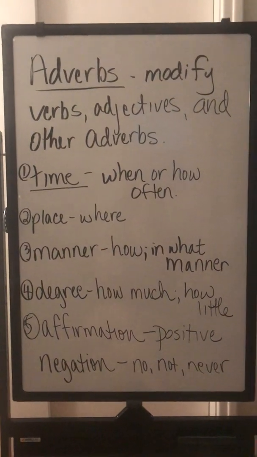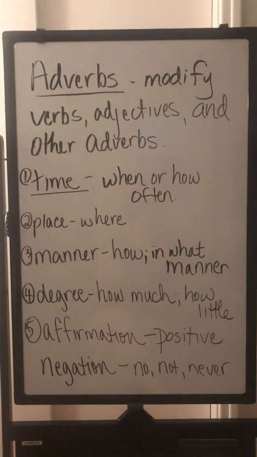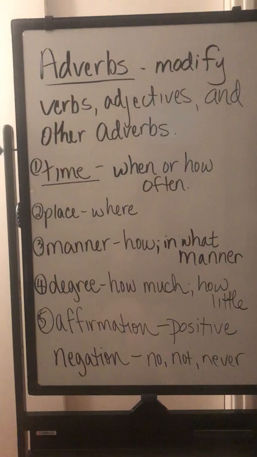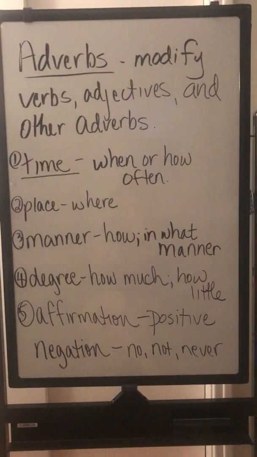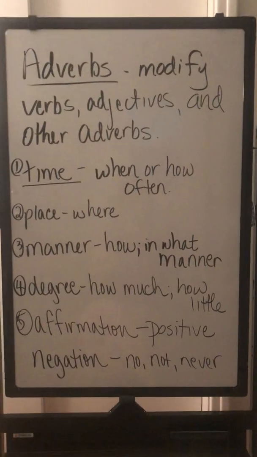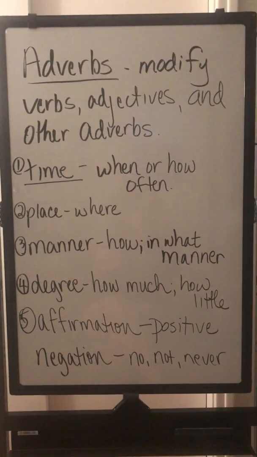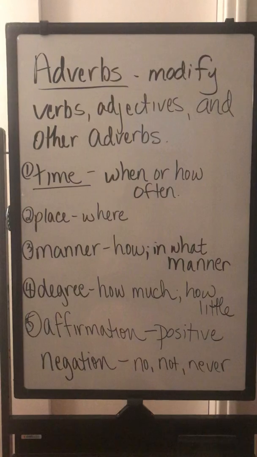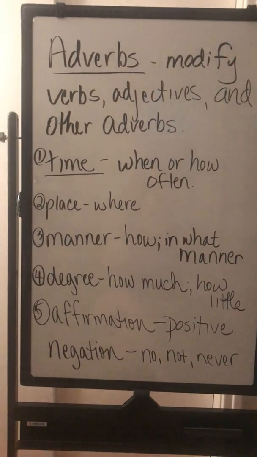So again, most of the time you are looking at adverbs, they're modifying the verb. If you're not sure what to put and you have to do an educated guess, then guess that it's modifying the verb, because that's what most adverbs do.